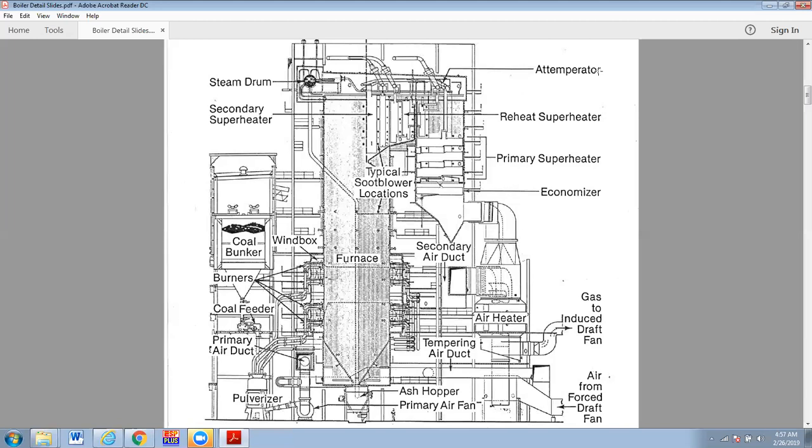And so I think we've worked our way through the water paths. The water enters the boiler in the economizer, it's preheated, goes to the drum, to the water walls, creates some steam, goes back to the steam drum, gets separated.